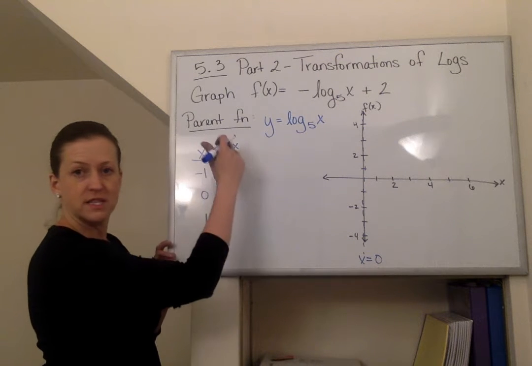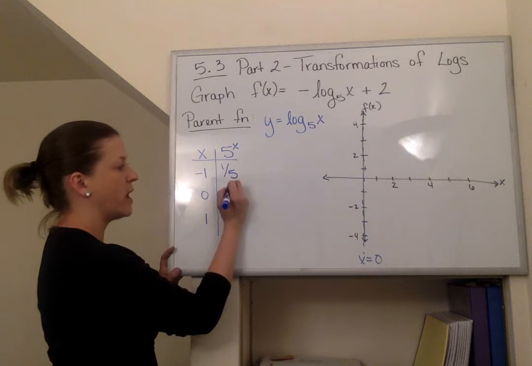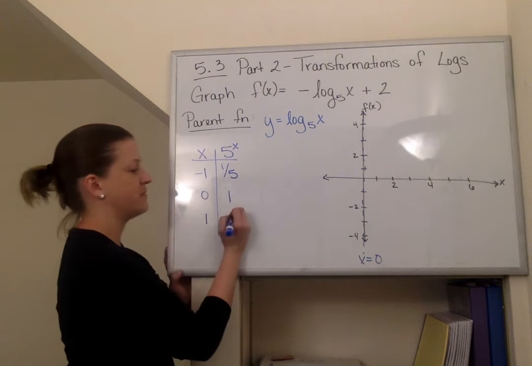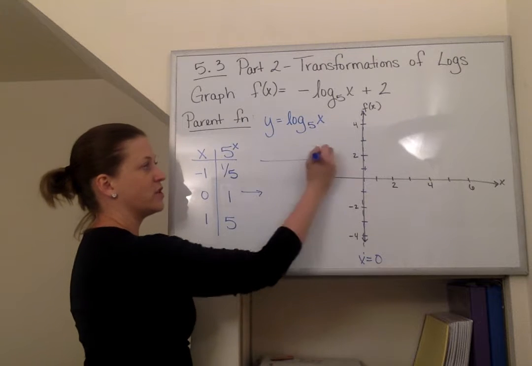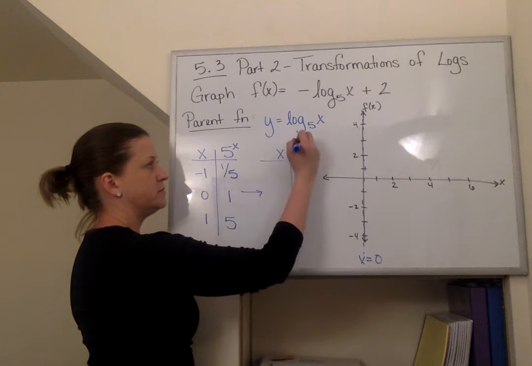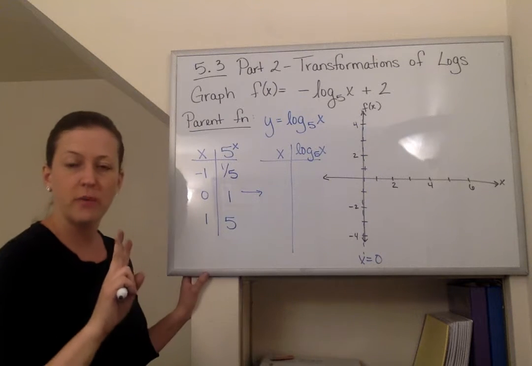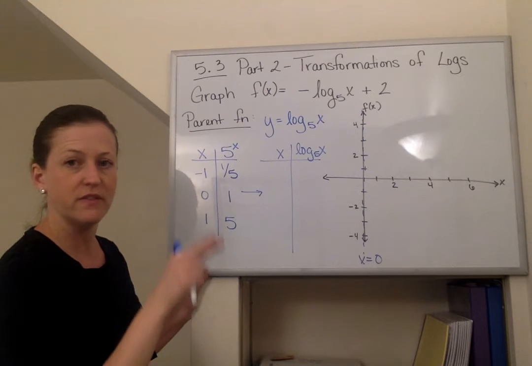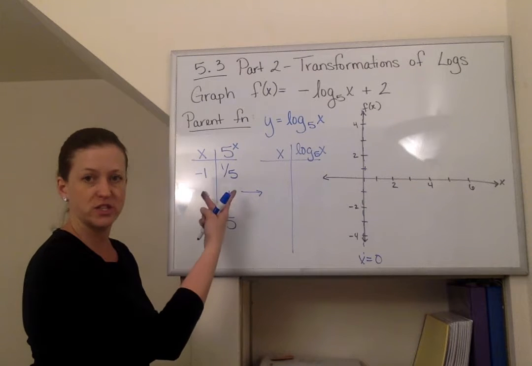So 5 to the negative 1 is a fifth, 5 to the 0 is 1, 5 to the 1 is 5. Okay, now they are inverses. So if I want points for the log base 5 of x, all I have to do is take these points and switch the order.